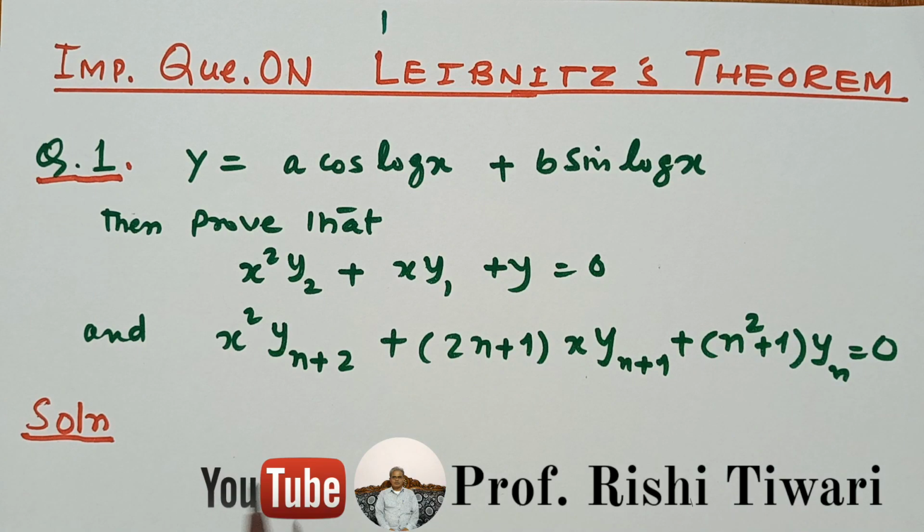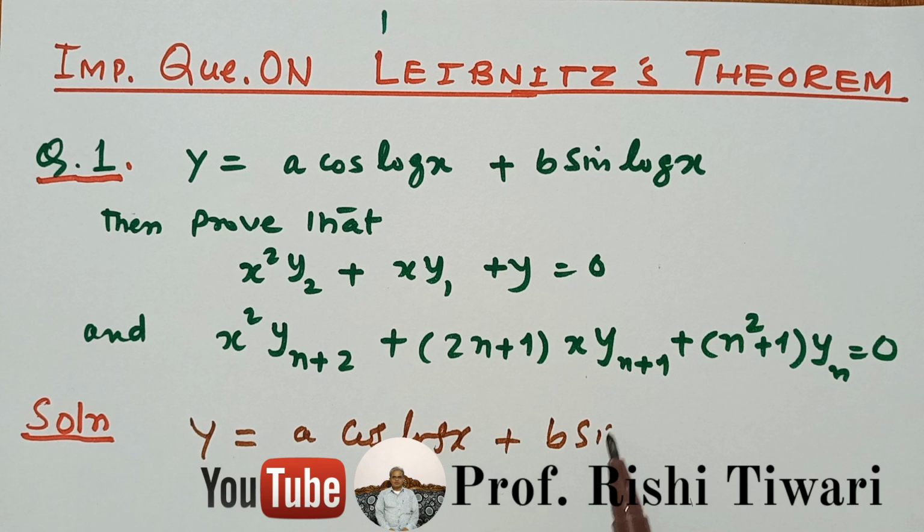So what is the solution? Let the given y equal a cos log x plus b sin log x. Okay, so these are cos of theta. The differentiation of cos theta is minus sin theta, and the differentiation of sin theta is cos theta.